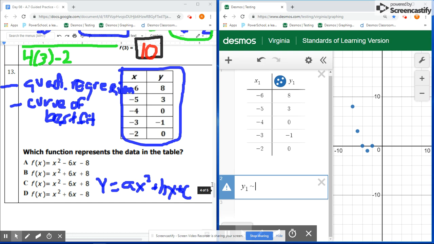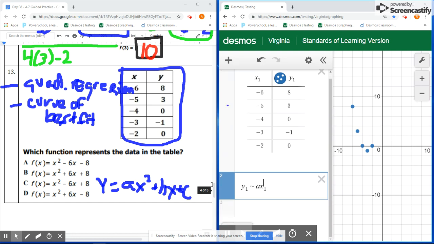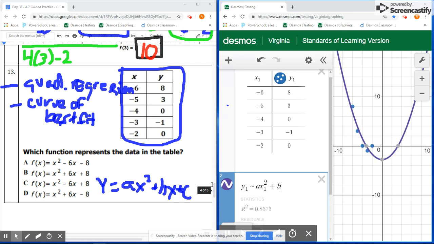Then we need a times x1 squared plus b times x1 plus c. Okay, now you see that this is the same as what we have here, y equals ax squared plus bx plus c, except we just need to put the little ones here.